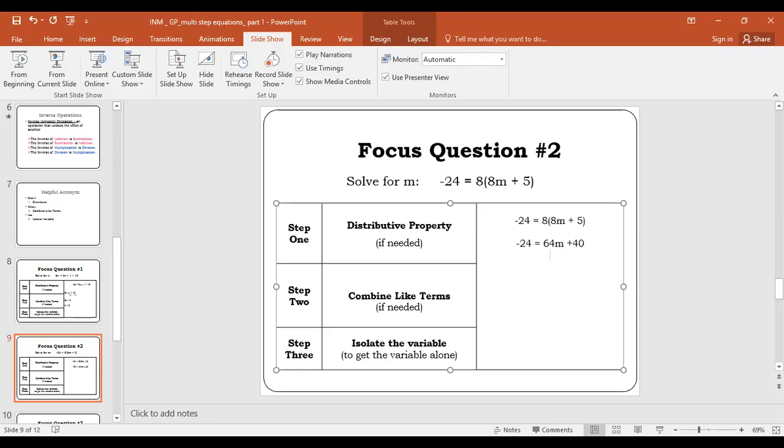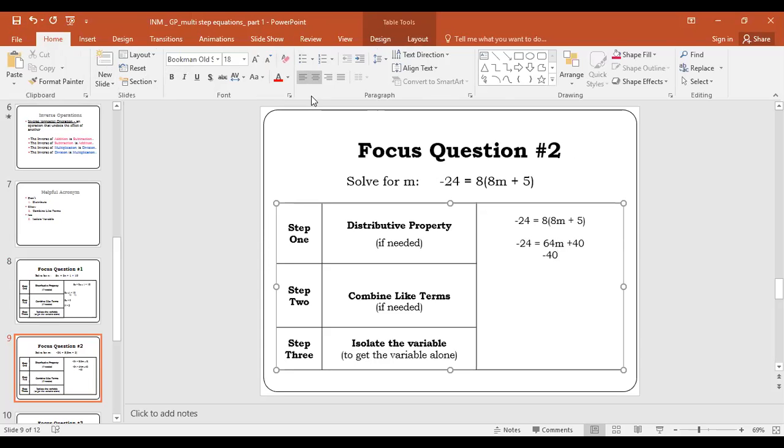So the formatting is off here, but I'm going to subtract 40 from both sides. There we go. I can shove that over.